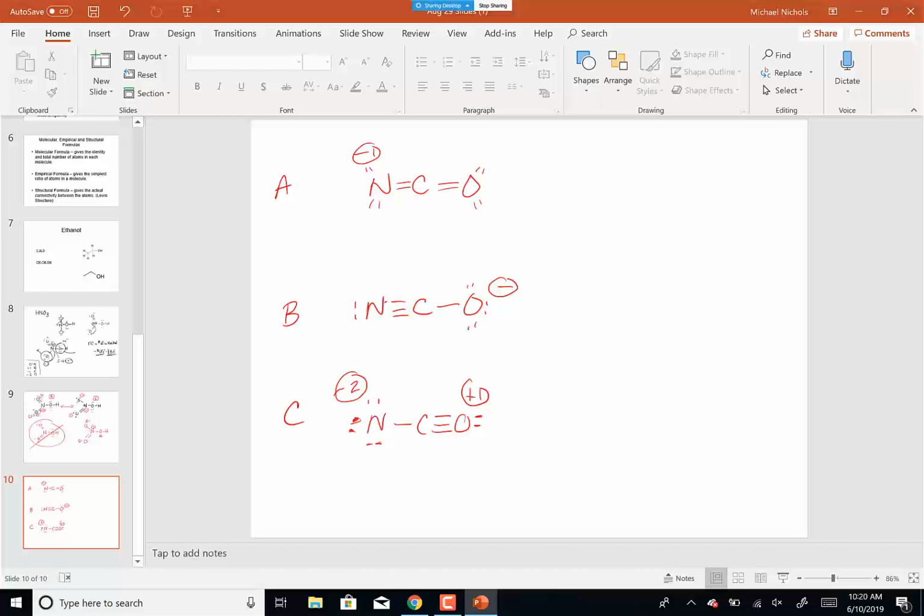Okay. So 2 formal charges versus 1 formal charge seems like that makes it more unstable. How about the charges themselves?